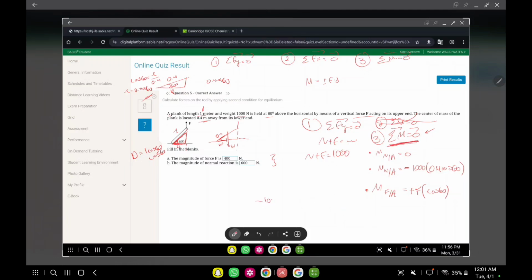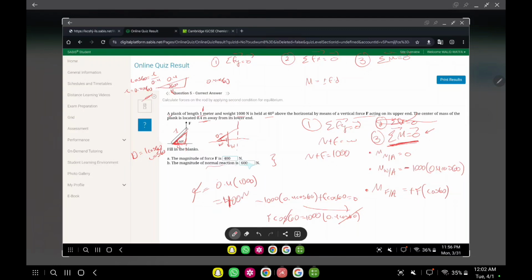So negative 1000 times 0.4 cosine 60 plus F cosine 60 is equal to 0. Take this to the other side, you're going to get F cosine 60 is equal to 1000 times 0.4 cosine 60. You can cancel cosine with cosine. You can get F is equal to 0.4 times 1000, which is obviously 400 newtons.